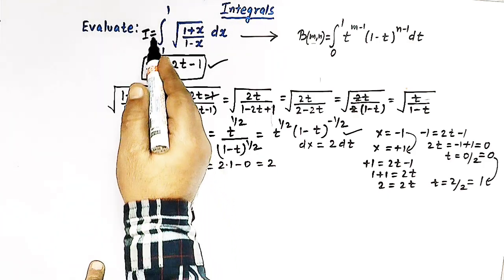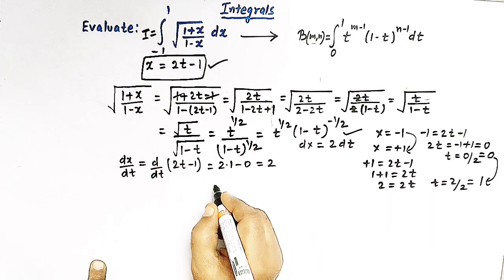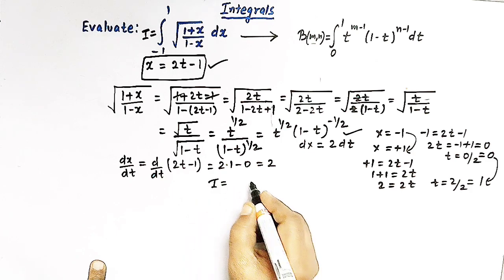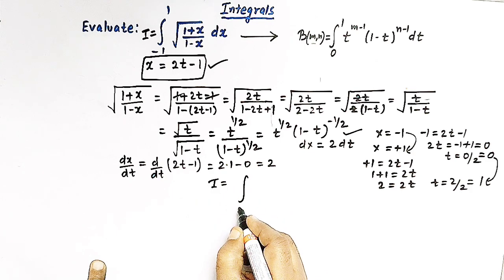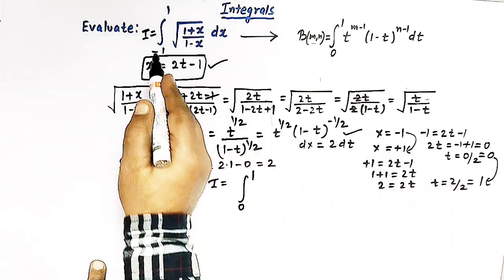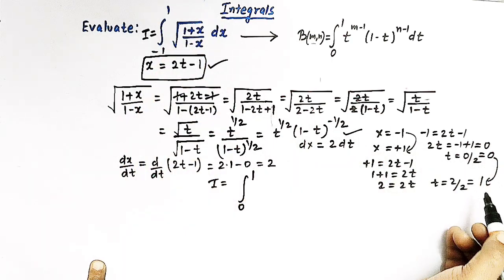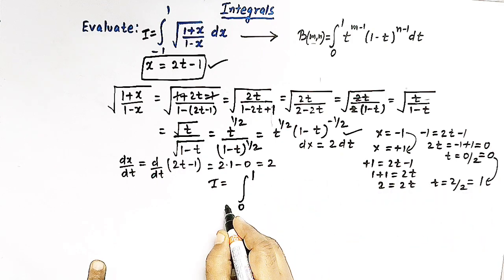So now let us write this integral in terms of t. So we can now write I is equal to integral from 0 to 1, because when x is -1, t is 0, and when x is 1, t is 1, right?